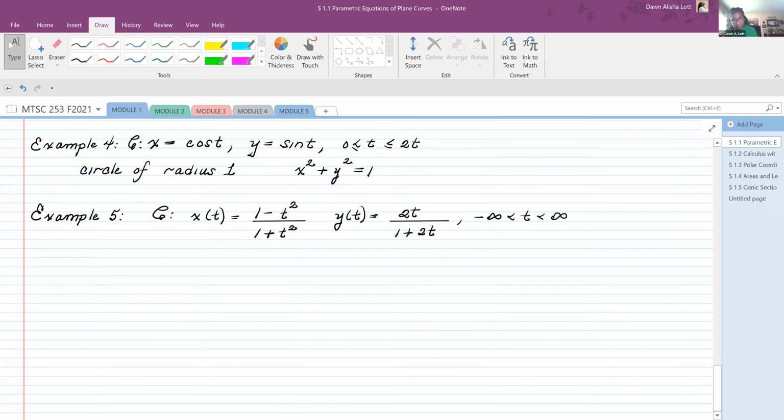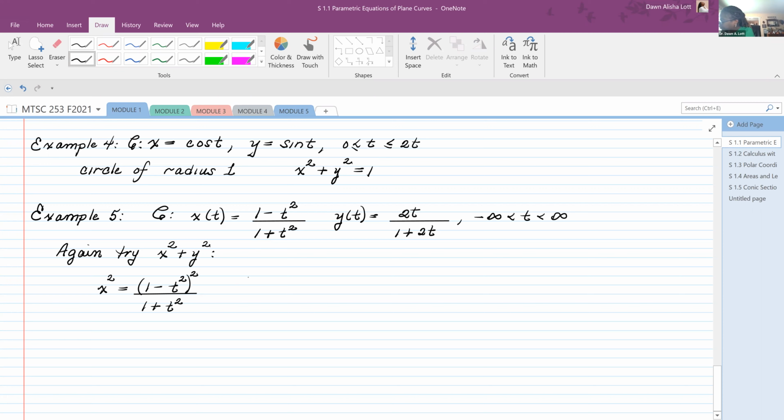But let's try this again. Let's again try x squared plus y squared and see what we get. So x squared is 1 minus t squared over 1 plus t squared, squared.